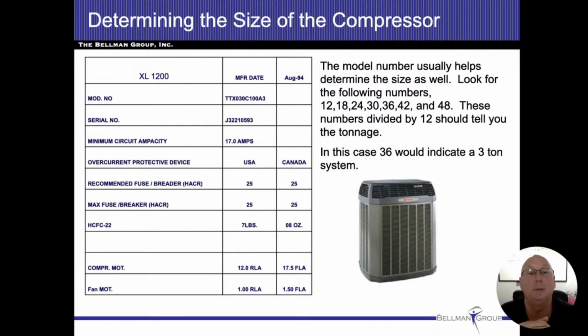Then it says that the maximum fuse I could put on here is a 25 amp breaker. So even though a 12 gauge wire shouldn't have bigger than a 20 amp breaker, the manufacturer of this air conditioner is saying it's okay. And as long as the manufacturer says it's okay, it's okay. So in this situation, we could put a 12 gauge wire on a 25 amp breaker.